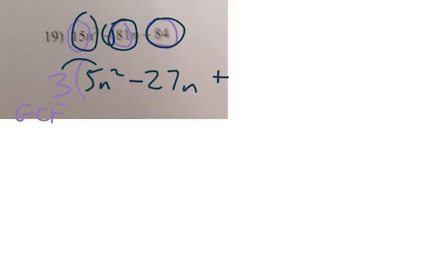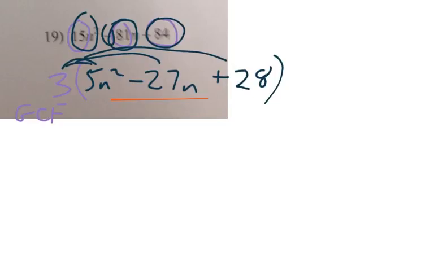So 3 times 28, I believe, is 84. And again, if you need to, you can always just multiply forward again, just to make sure you have the right factors in there. Okay? So now that I've done that 3, we're going to ignore that 3 now and just factor what's inside the parentheses. We'll come back to the 3 later, as you probably should know.